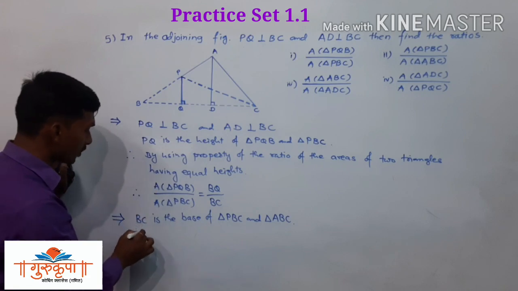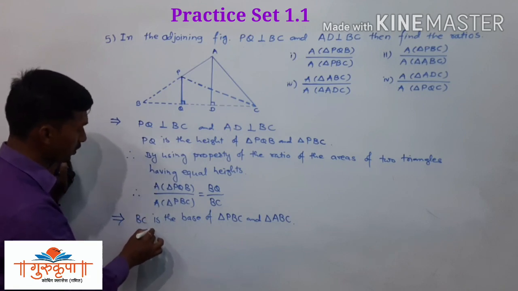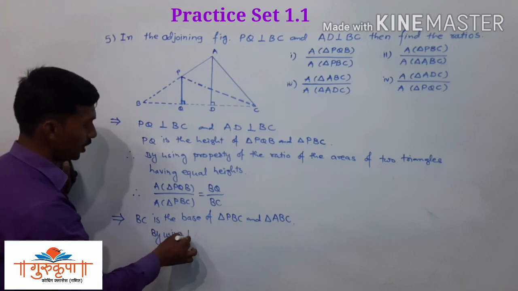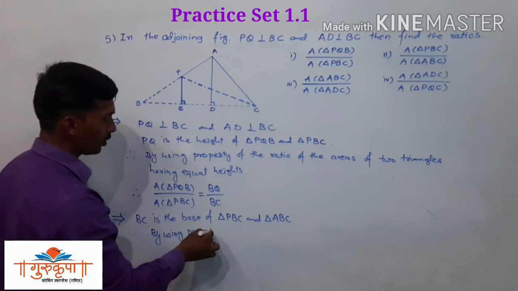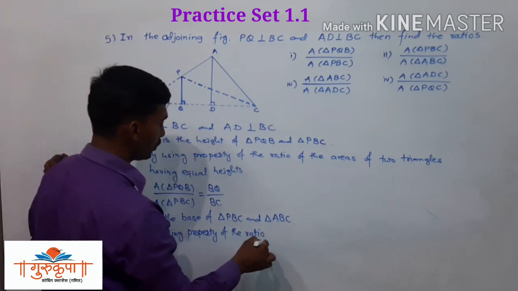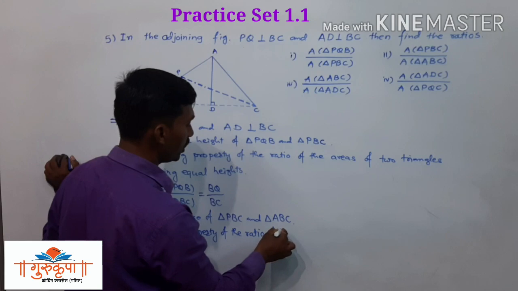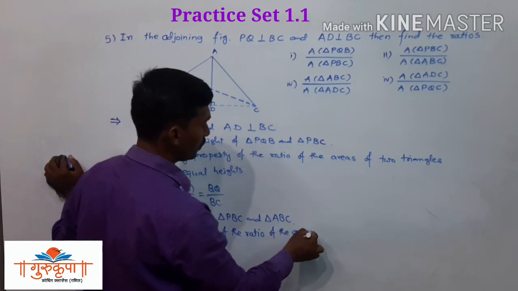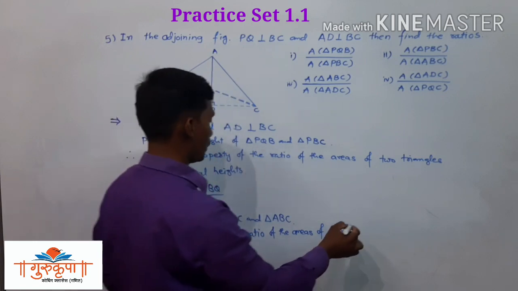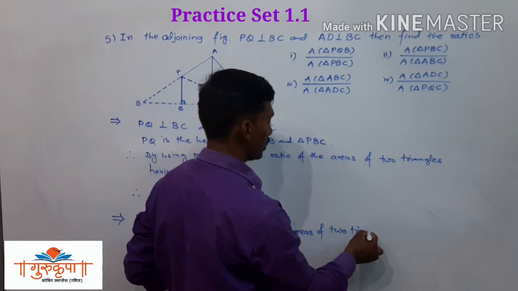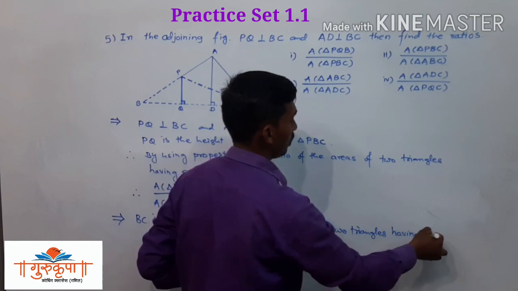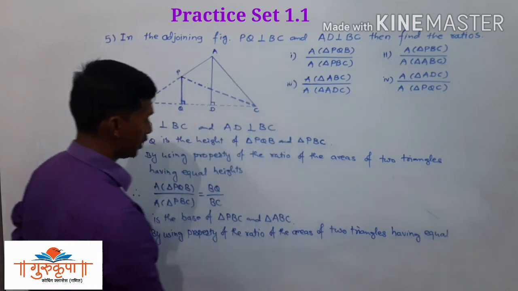So we write here, by using property of the ratio of the areas of two triangles having equal bases.